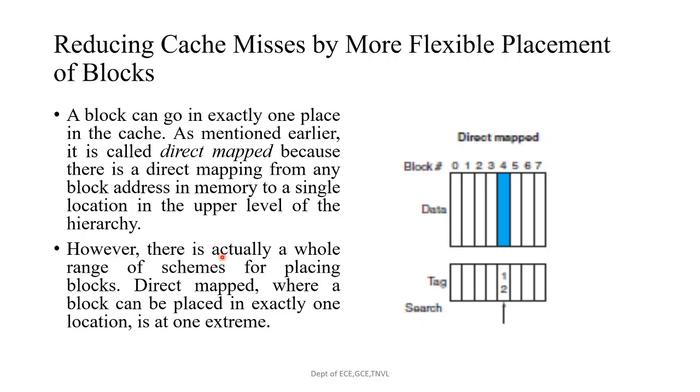However, there is actually a whole range of schemes for placing the blocks. Direct mapped, where a block can be placed in exactly one location, is at one extreme. If you see here in this direct mapping, this is how we are mapping. If this is the fourth location, then we directly map to the fourth location of the cache memory.